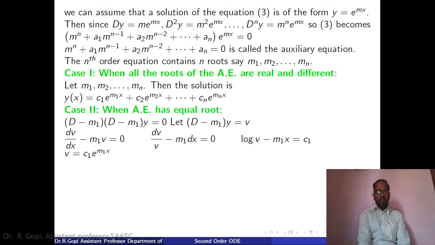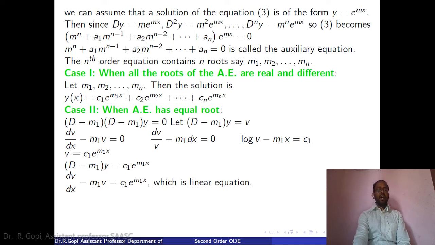So we have to use the value v equal to c1 into e power m1 x in the equation (D minus m1) into y equal to v. Then the equation becomes (D minus m1) into y equal to c1 into e power m1 x, that is dy by dx minus m1 into y equal to c1 into e power m1 x, which is the linear equation of first order.